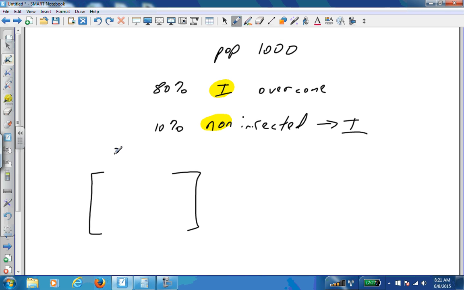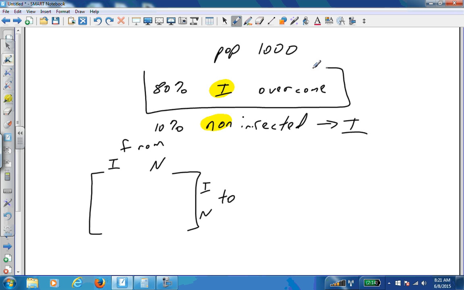Our columns are going to represent the position that we first find the rats in, and the rows are going to represent their transition. So let's let the first column represent infected rats, the second column non-infected rats, the first row infected, the second row non-infected.